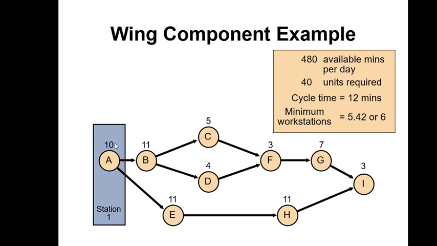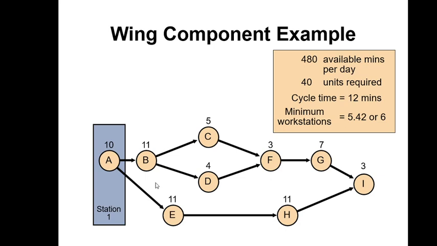Task A needs 10 minutes, so we have an idle time of 2 minutes. Idle time means wasted time. Here our task is allowed up to 12 minutes according to the cycle time, but it needs only 10, so we have an idle time of 2 minutes in this workstation.